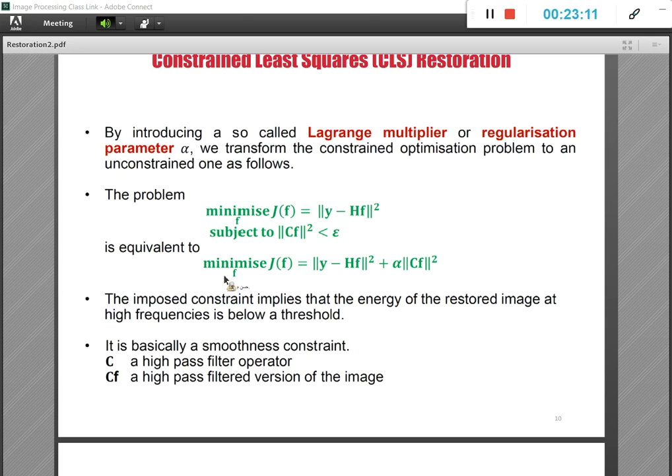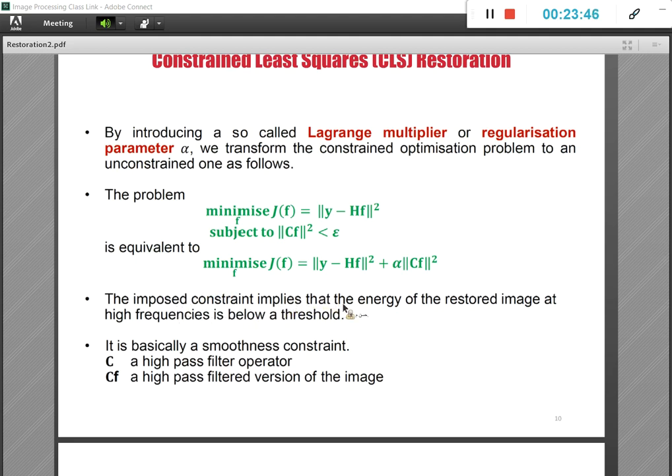That means it is equivalent to minimizing the norm of Y minus HF plus alpha times the norm of CF. In some regions we are minimizing this term, and in other areas we are minimizing that term, based on alpha.